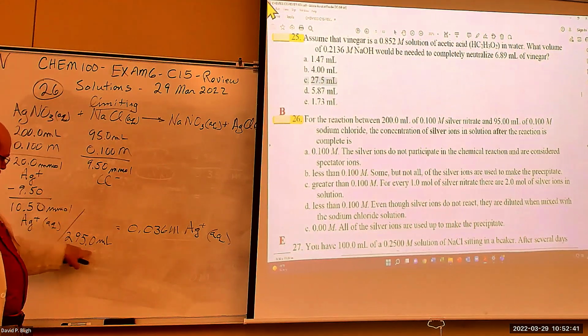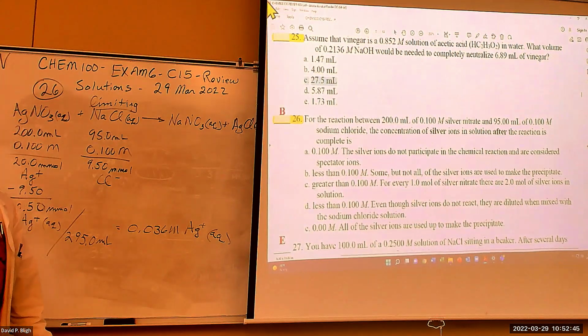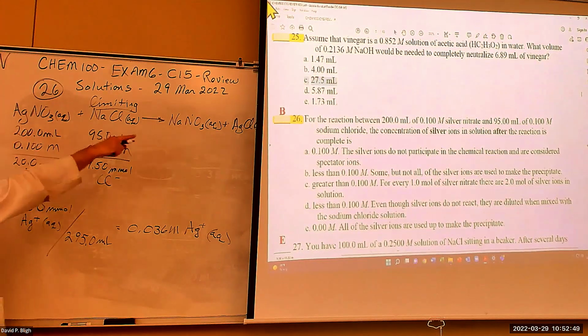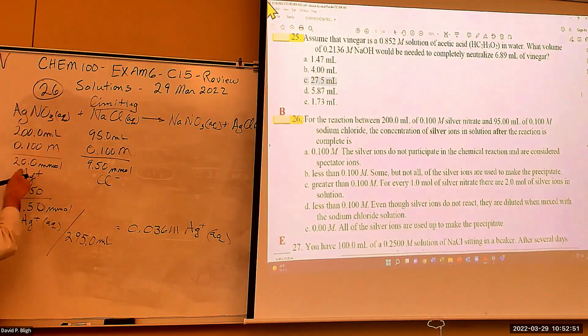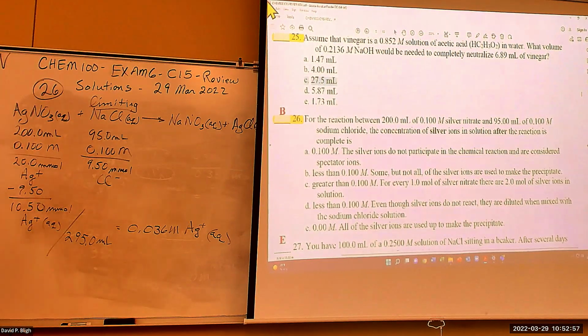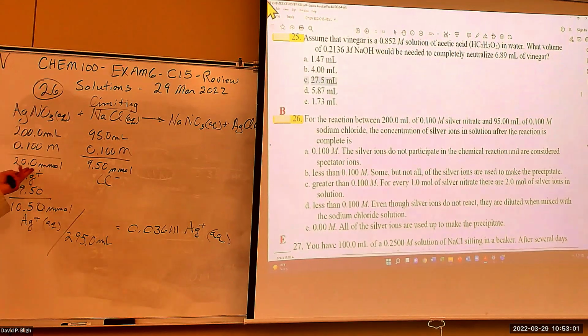Divide by this volume, that'll give you the concentration of sodium in solution. Nitrate doesn't enter into that compound. So we have this many millimoles of nitrate in the beginning and the end, divided by the volume. We can calculate the concentration of nitrate also.